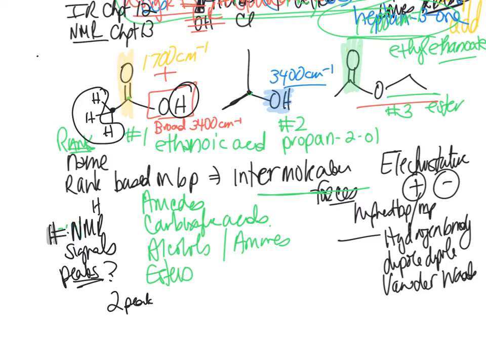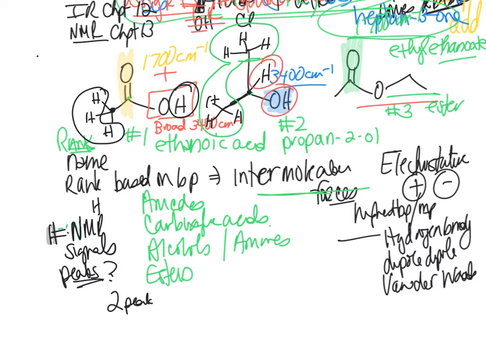Okay, here, let's draw in our hydrogens. 1, 2, 3. 1, 2, 3. And you have 1 hydrogen here. So how many peaks would you get here? Well, these would all be the same, right? Because they're symmetrical. So that's 1 peak. That's another peak, and that's another peak.